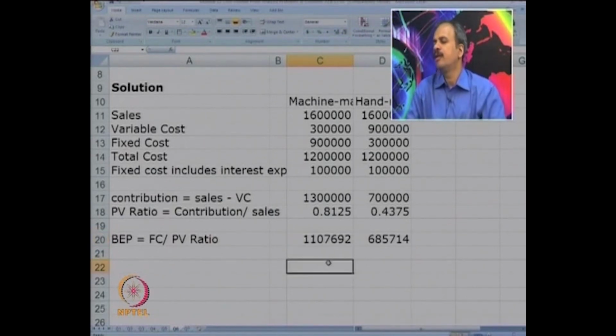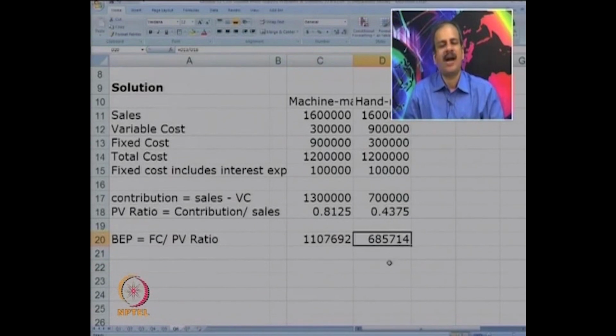So we have 11 lakh 7,000 for a machine made system, but for handmade system it is much less, it is only 687. I think we already knew how to calculate BEP.